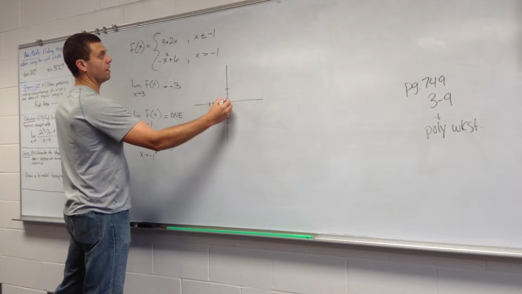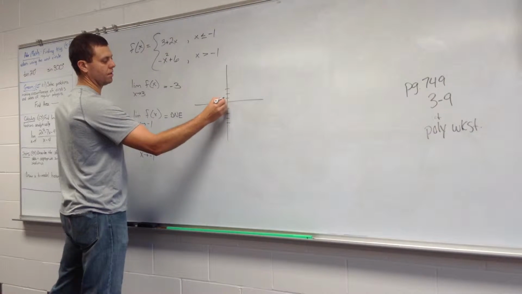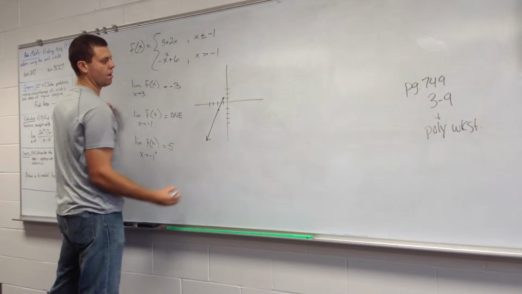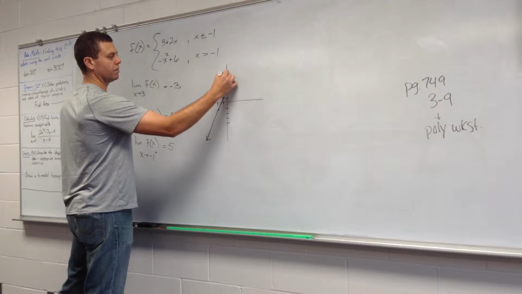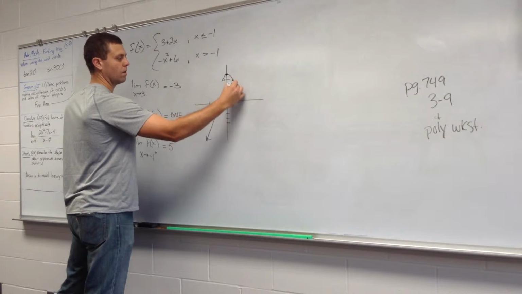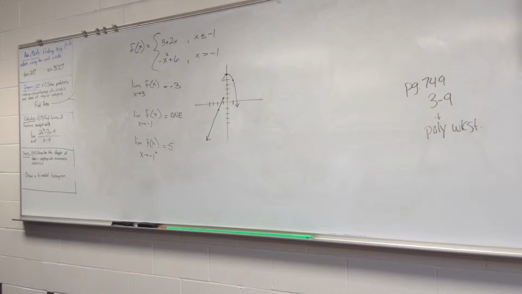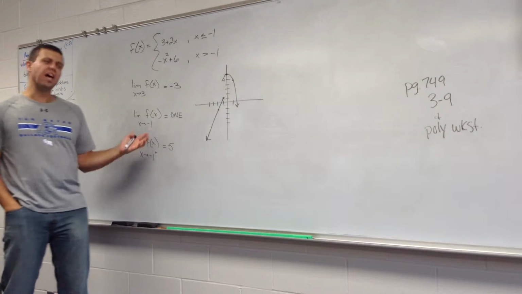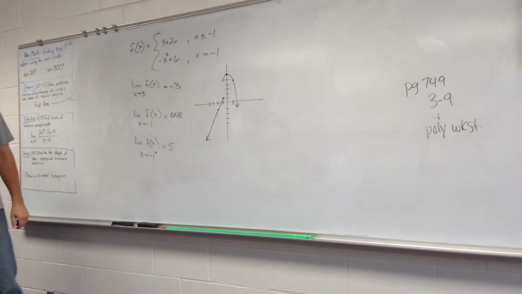And then down 2 over 1, down 2 over 1. 3, 4, 5, so open, 6, 1. The graph would end up looking something like that.